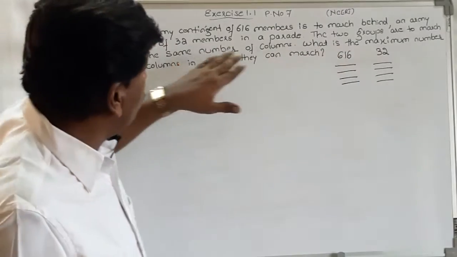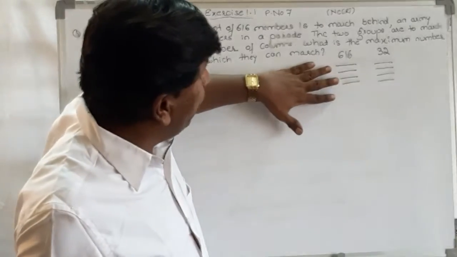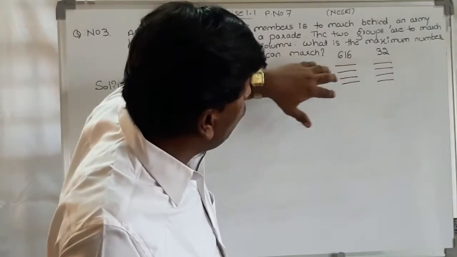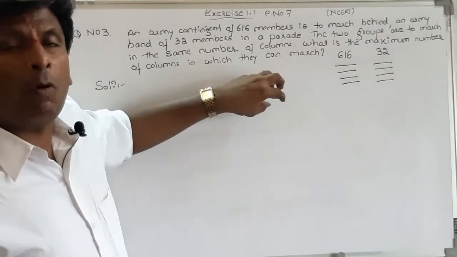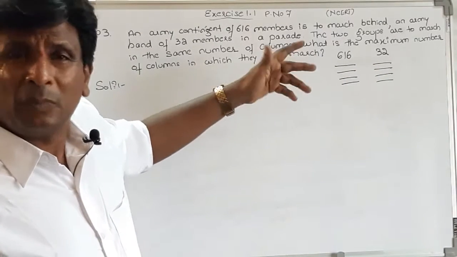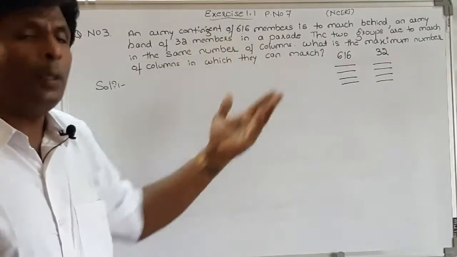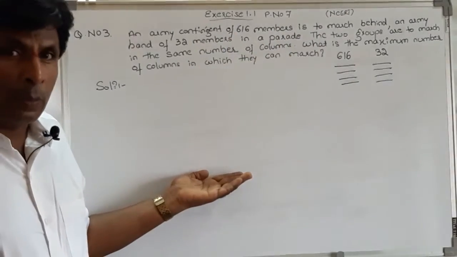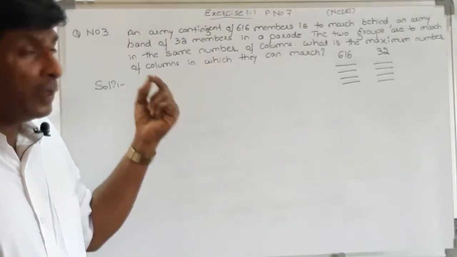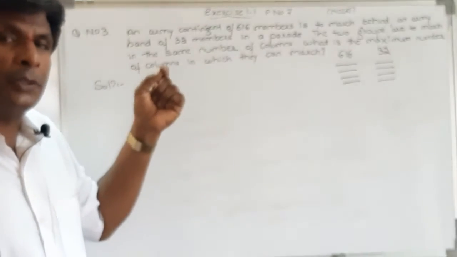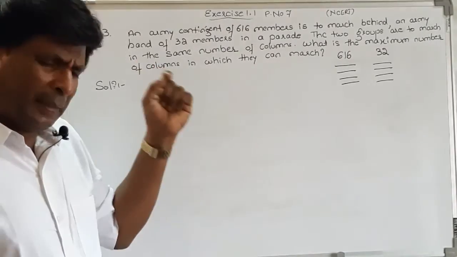Here he is saying we have to get the same columns for both. Columns should be the same, so we have to find the HCF of these two numbers. Do you understand, friends, the mathematics behind this question? It is very easy.